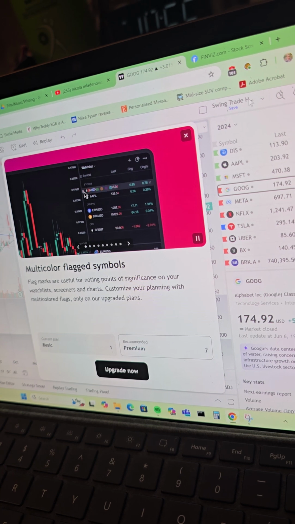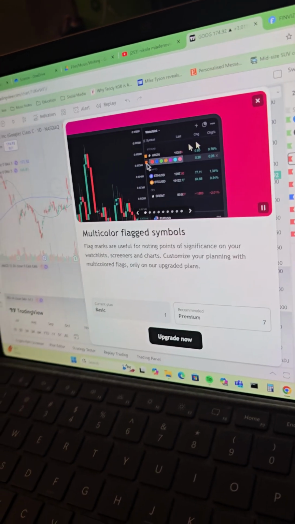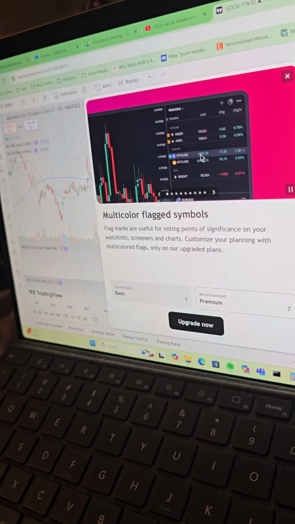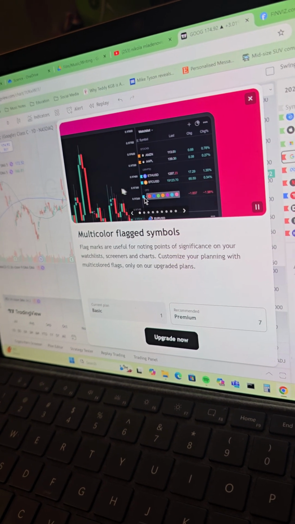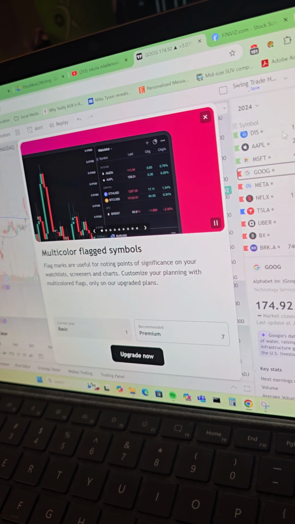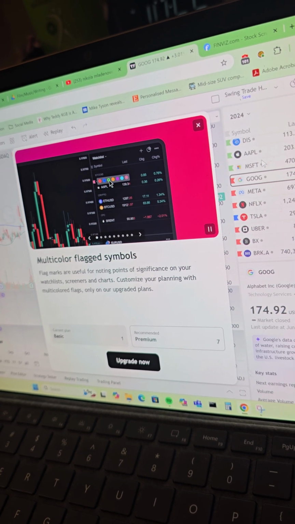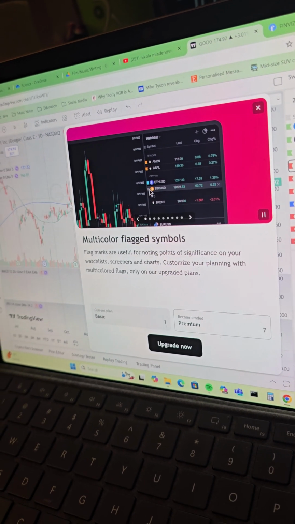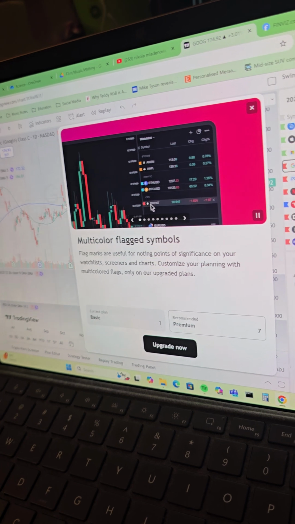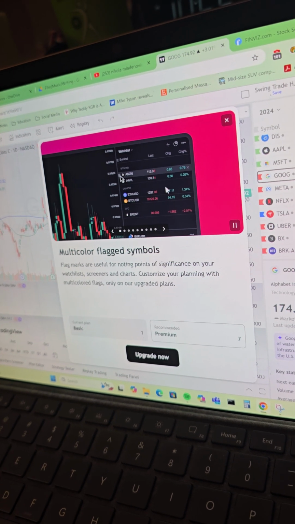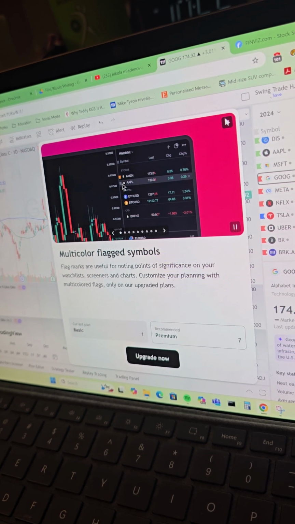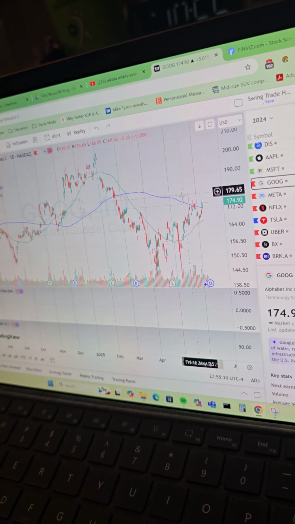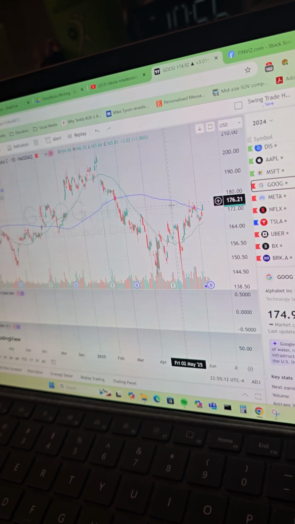What else is it? Layout. So number of layouts I can have, number of indicators I can have, number of charts I can have. That's what you pay $1,000 a year for. So you can have more colors, more layouts, and more indicators. That's how to market your business in 2025. And it's like that for every single service app in capitalism.